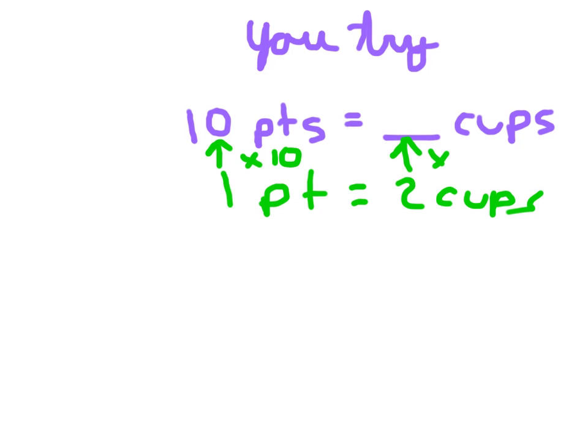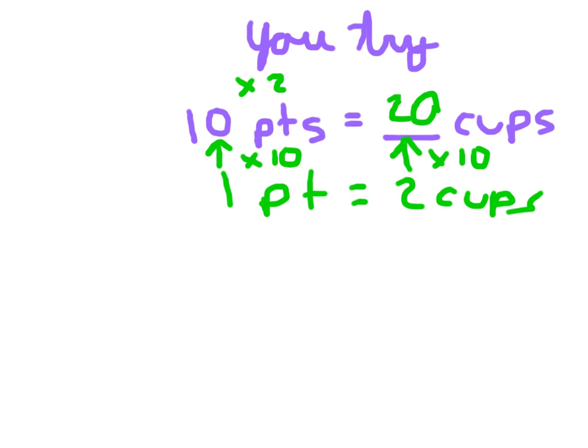On the opposite side, you also multiply by 10 then. 2 times 10 is 20. 10 pints equals 20 cups. I could clearly see somebody accidentally write 10 pints equaling 5 cups. That's not the case, as 10 times 2 would give you 20. In this case, you're going from something bigger to something smaller, so you better multiply. And this is the equation that helps you.